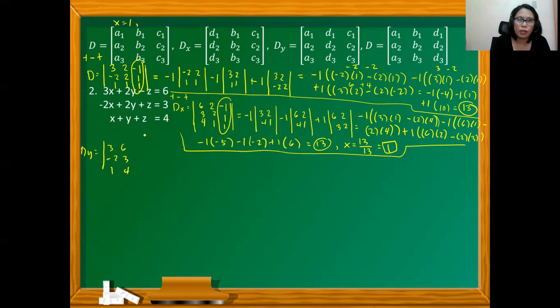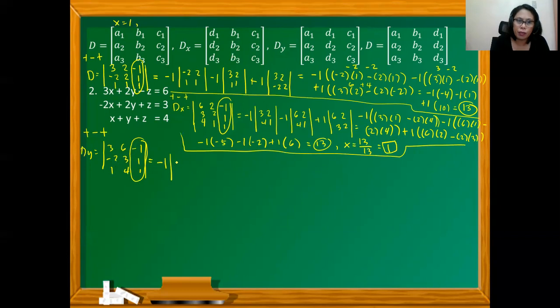So negative 1, 1, 1. So this is now equal to, so we will still consider the sign array plus, minus, plus. So positive of negative would always remain as negative. So this is negative 1 times.